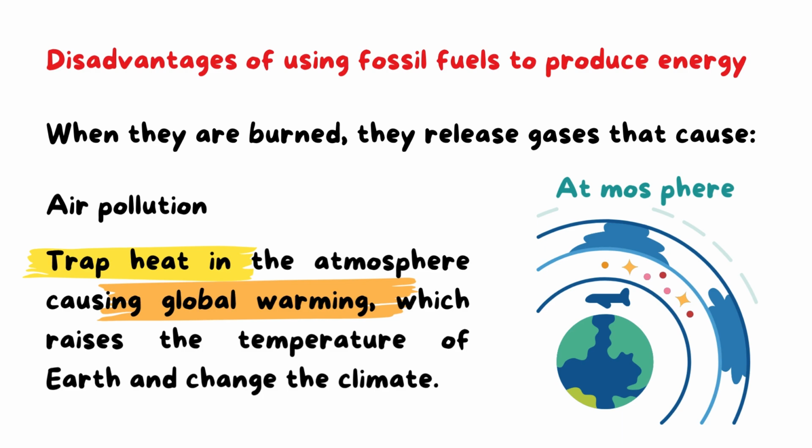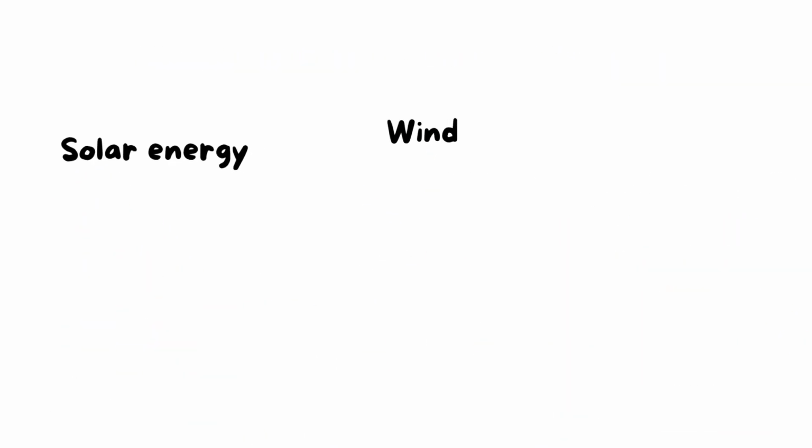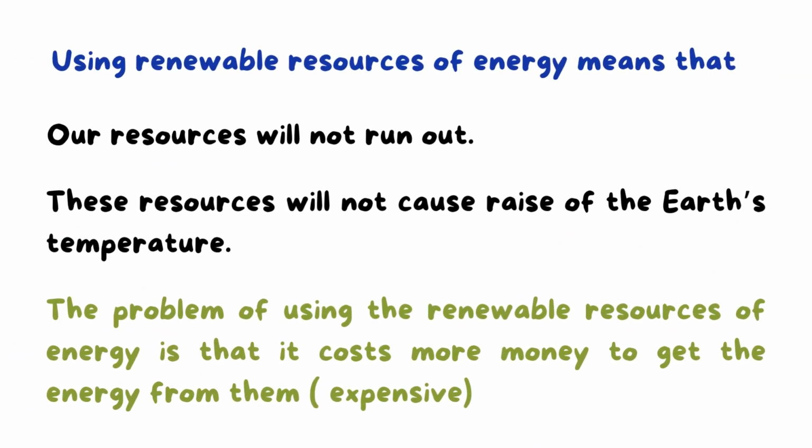And we can use renewable resources of energy instead of fossil fuels, as we mentioned: solar energy, wind, and water. Water energy has the name hydropower. When we use these renewable resources, our resources can't run out, as they will be replaced as quickly as we use them.